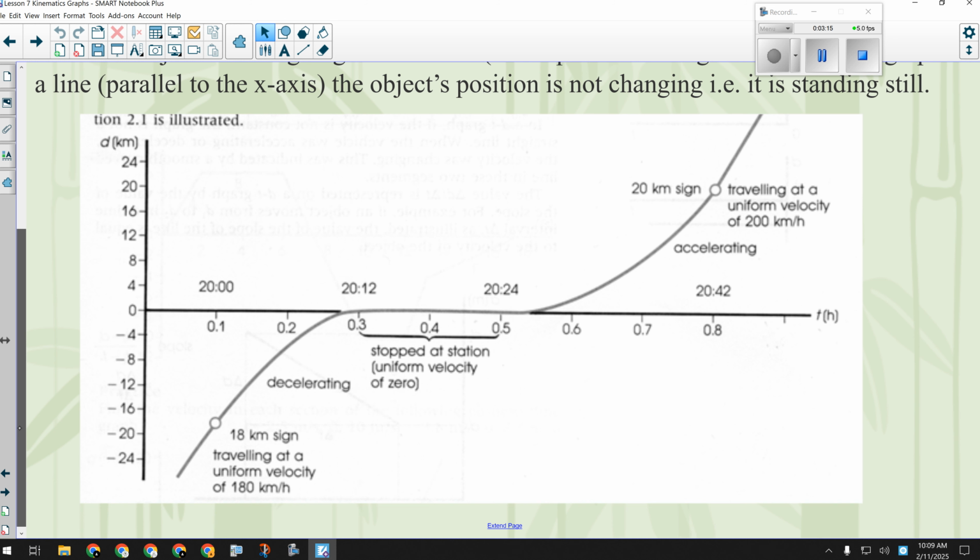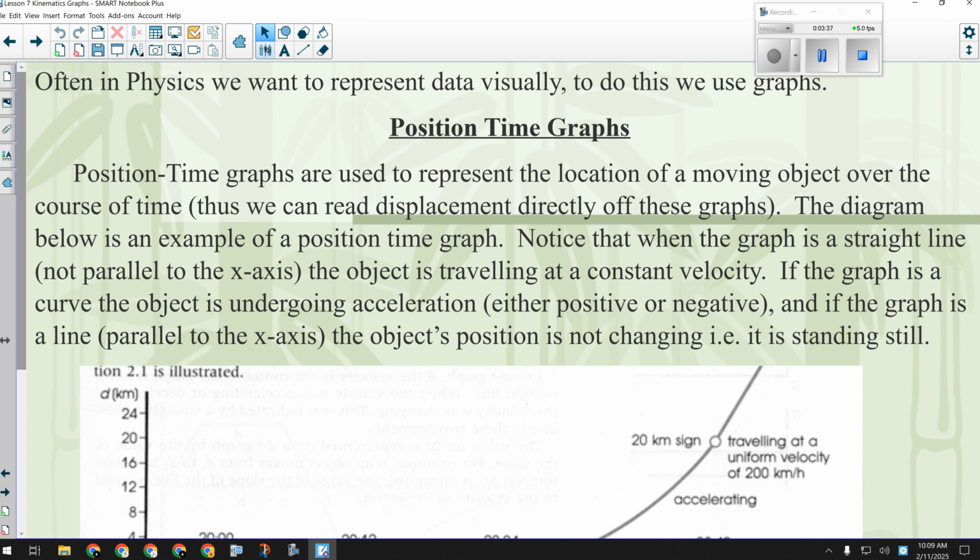So a little bit of that linear analysis that we did in Science 10 and that you also did in math. So, on this graph, we've got the position versus time data for a high-speed train. Initially, right in this first section of the graph here, what we have is that the train is traveling at a constant velocity.